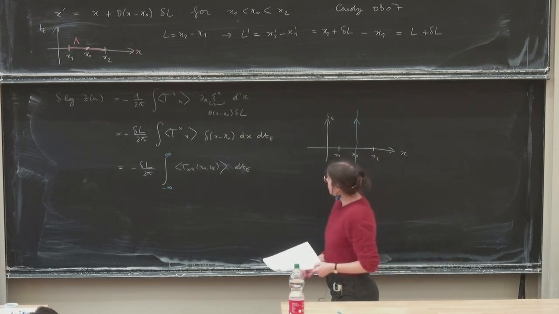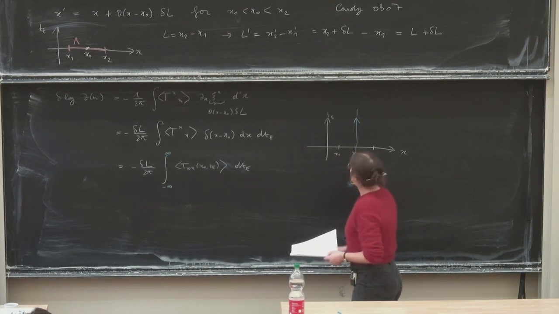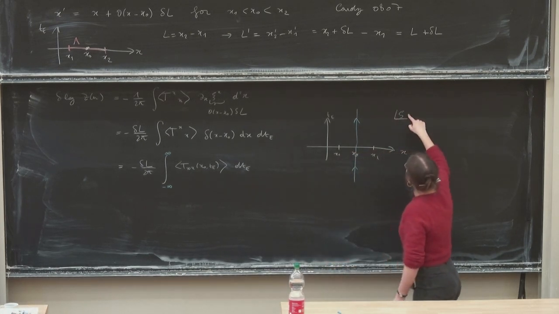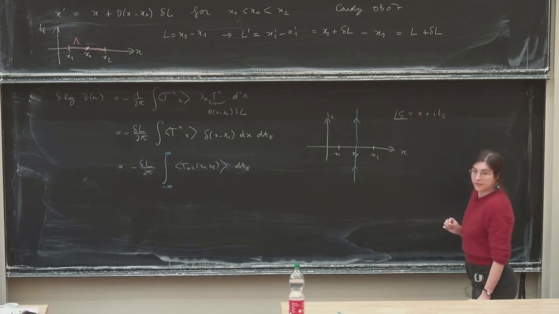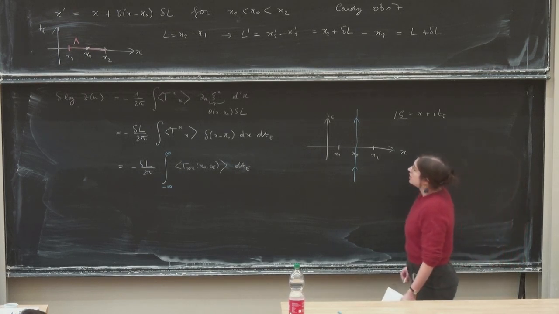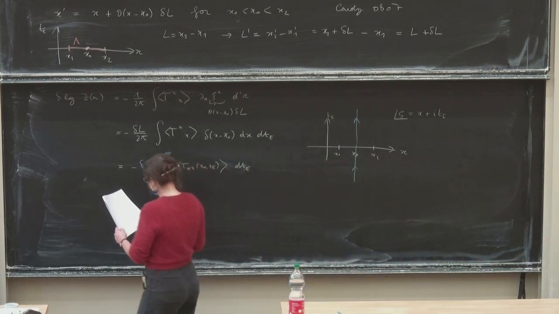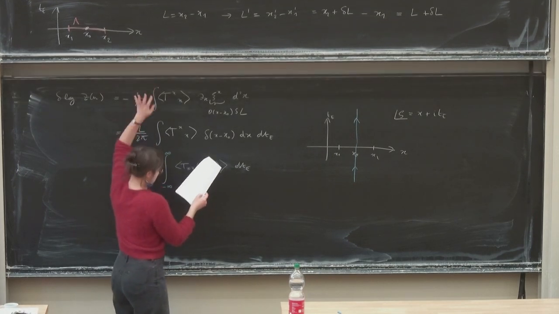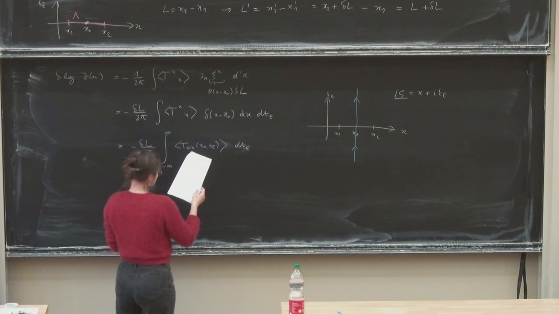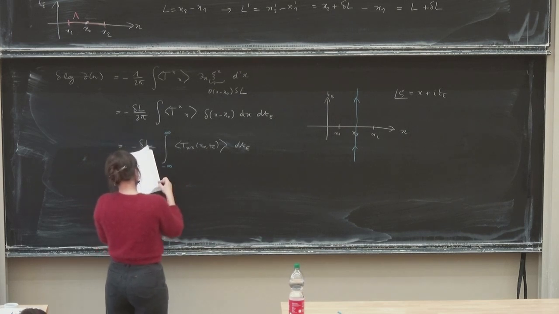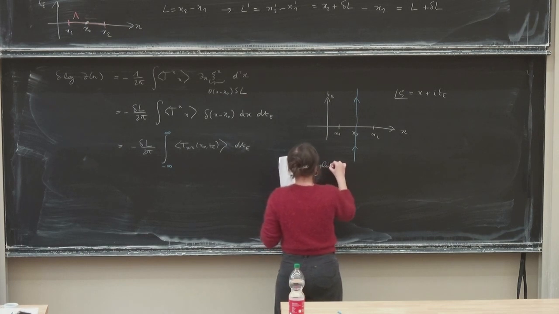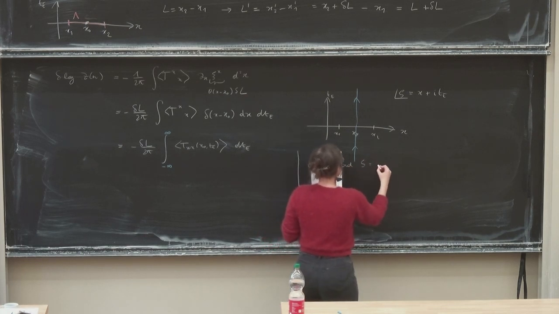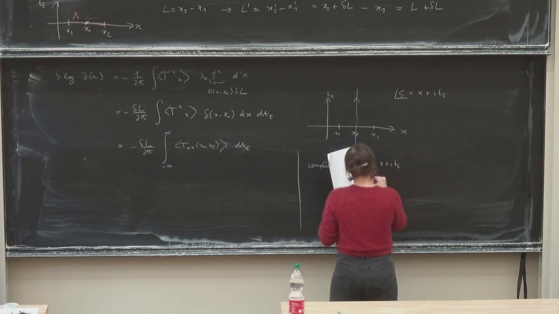Now to work this out, I'll go to complex coordinates. I'm going to use zeta as x plus i te. So this is now the zeta plane, and I'm going to rewrite this integral in terms of my complex coordinates. Zeta is x plus i te, zeta bar is x minus i te.